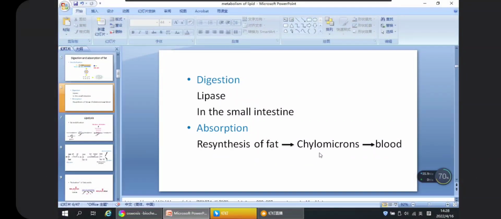Okay, so here is the difference. As you see here, the digestion and absorption of fat has some differences from that of carbohydrate and protein.